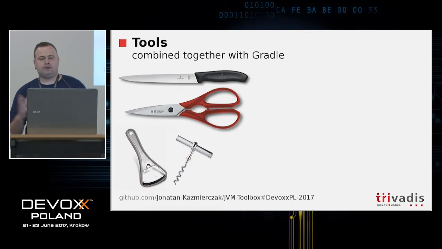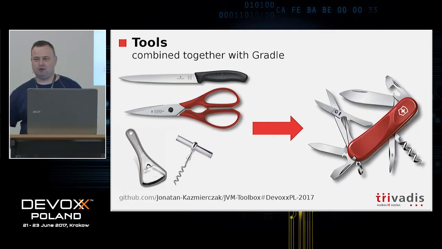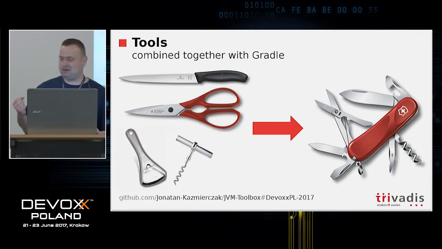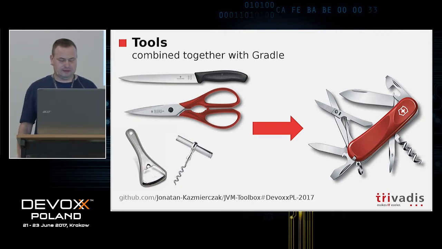Those tools represent different languages, but we actually want something more convenient, more portable, like a Swiss Army knife, and we can combine those languages into a Swiss Army knife with the help of Gradle.